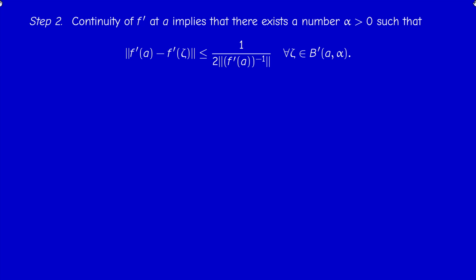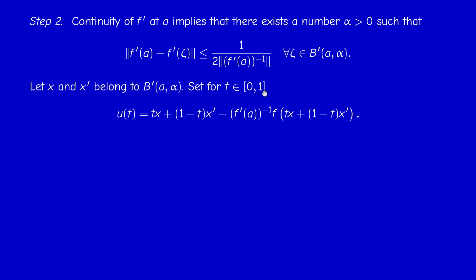Since f prime is continuous at a by assumption, then the norm of f prime of a minus f prime of zeta is less than any number. So I take the number here less than 1 over twice this norm, for every zeta in some ball of center a and radius alpha. This is just continuity of f prime at a. Now choose 2 points, x and x prime, in this closed ball of center a and radius alpha.